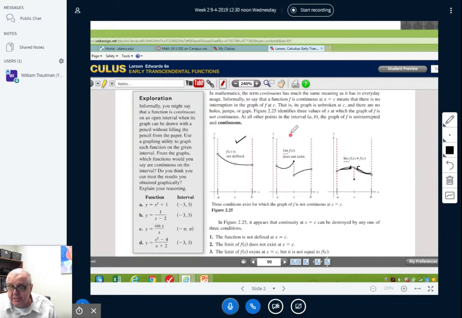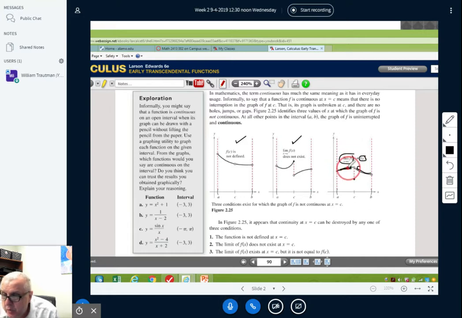It passes, yes, every y value exists. It passes, yes, the limit exists. However, there's one more stipulation that for this to be continuous, the f of c has to be the same as the limit.